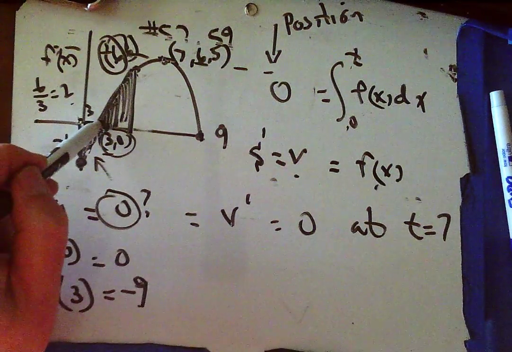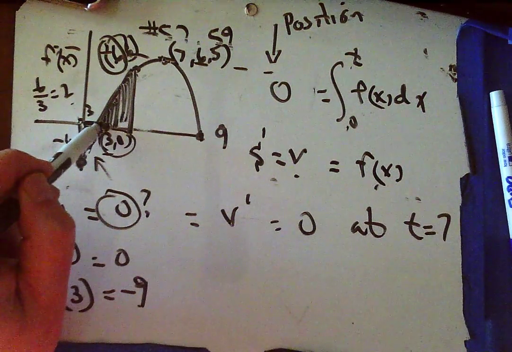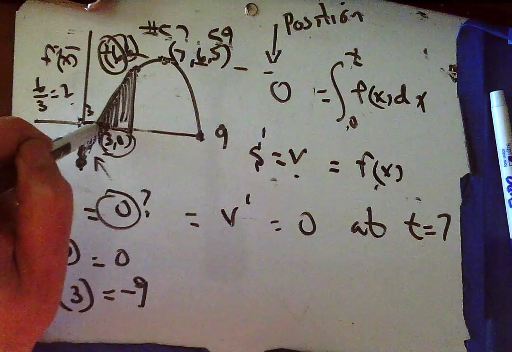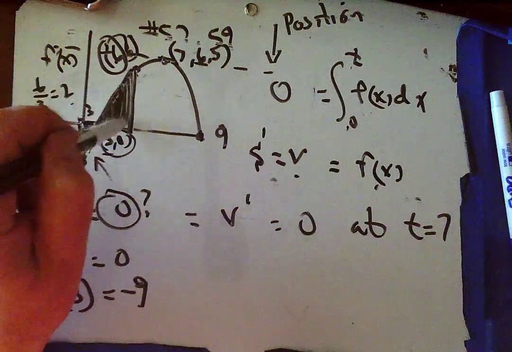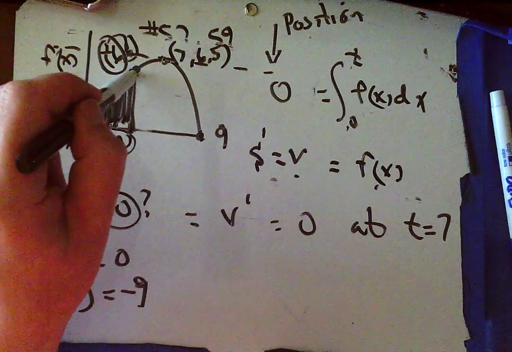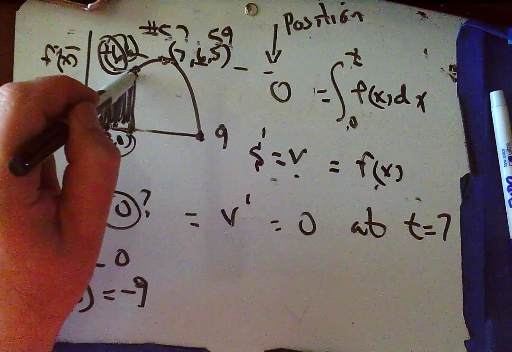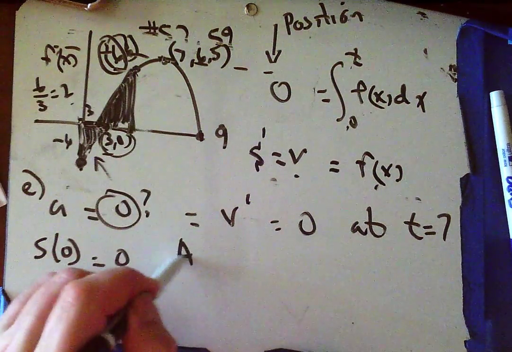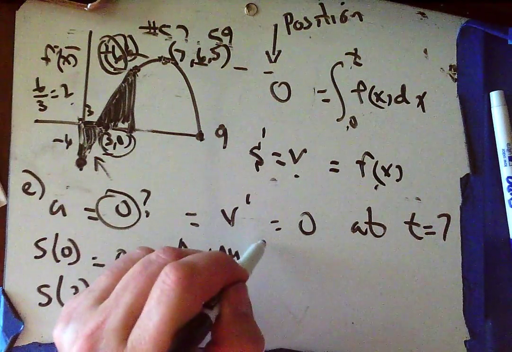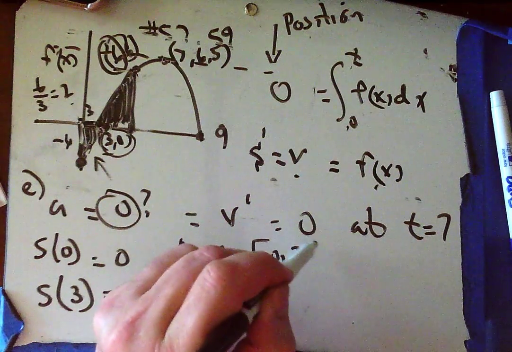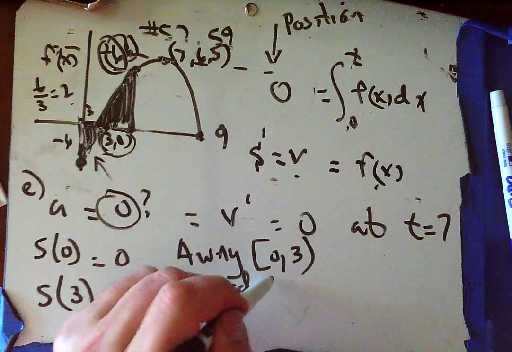At that point, the particle stops, velocity, this graph, has a 0 velocity, stopped moving, and started moving in the opposite direction, moved back to the right, and we determined that when the particle got to t equals 6, the particle was in fact back at the origin. So the particle moved away from the origin on 0 to 3, and toward the origin on 3 to 6.